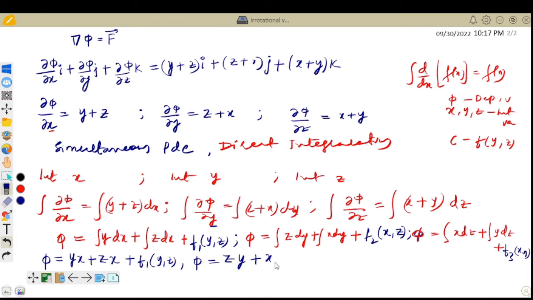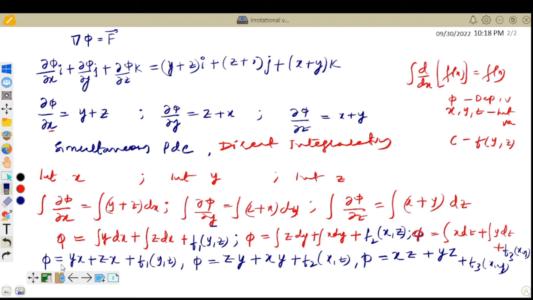Here also x times integration of 1 dy is just y, plus f2 of x and z. Similarly, φ is equal to, x is constant with respect to z, so integration of 1 dz is just z, plus integration of y dz, y is a constant, 1 dz is just z, plus f3 of x and y.